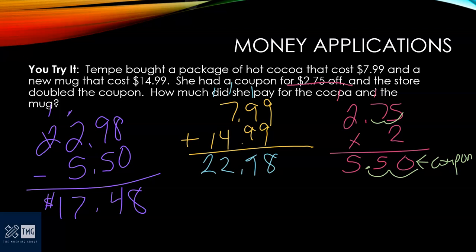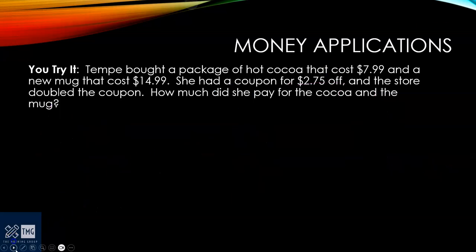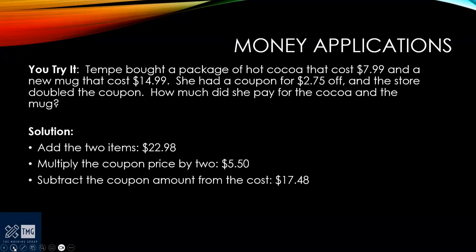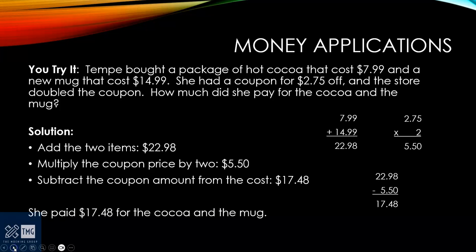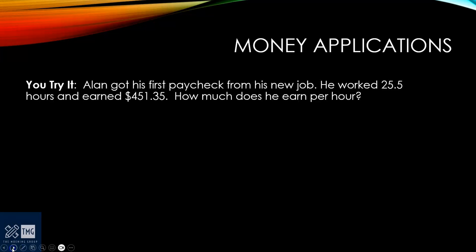Three different decimal operations here. We add the total prices, multiply to get the total coupon amount, and then subtract. She paid $17.48 for the cocoa and the mug. More than likely there's sales tax on that, but we didn't get there. Maybe it was a tax-free weekend.